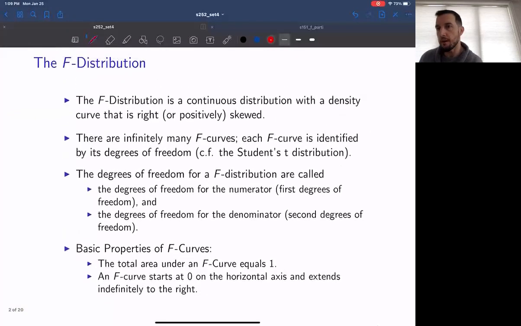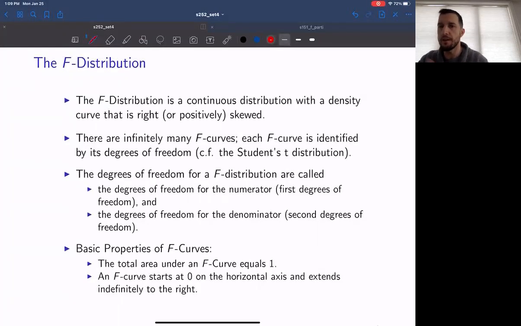Okay, properties of the F distribution. One, it's a continuous distribution, the same type of distribution as the standard normal and the student T. However, it is a right skewed distribution. The standard normal and the student T distributions are symmetric about 0. The F distribution is right skewed starting at 0, which means that it only admits positive values.